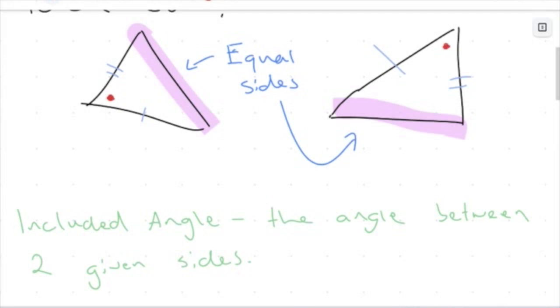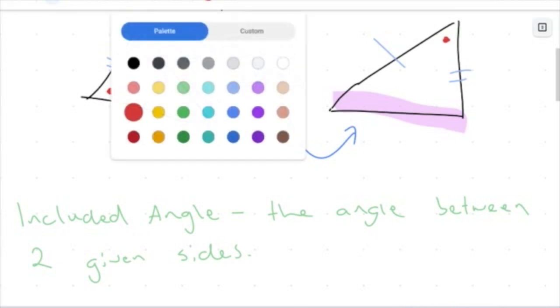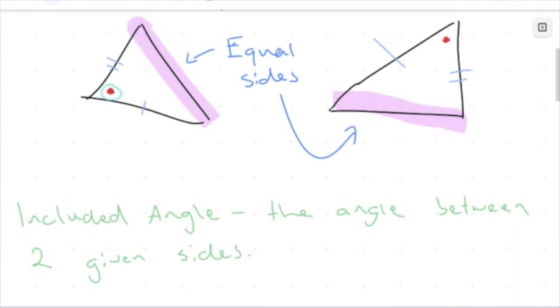Because equal sides correspond, as we saw before, to equal angles. So in order to find out about my unknown sides, I need to know that the angle opposite them is the same. So we need the included angle here.